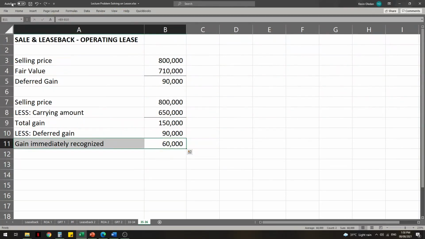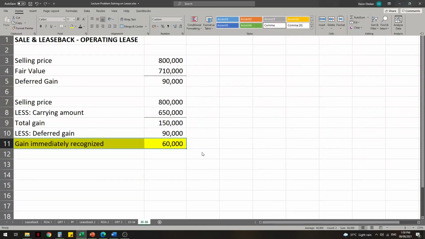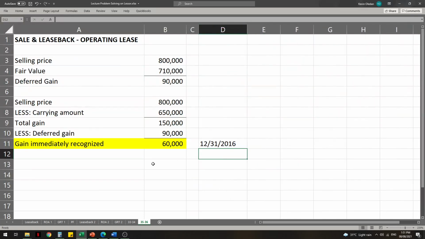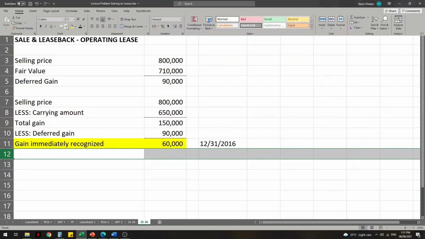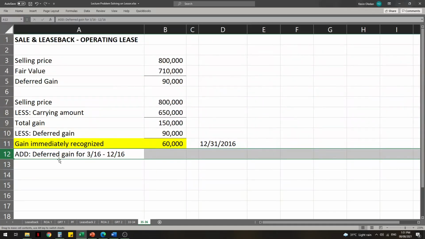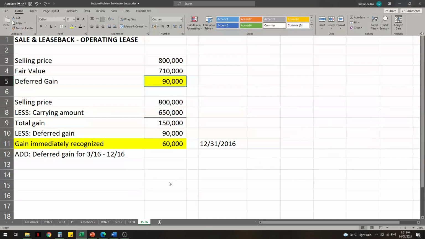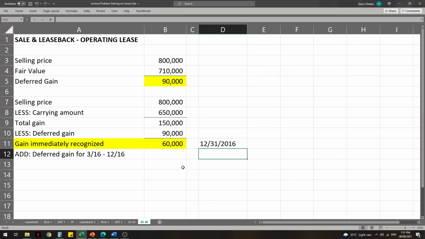So this one, what you have here is a gain that will be included in our computation for December 31, 2016. Gain recognized on December 31, 2016. Okay? We will also have to consider what portion of the 90,000 or the deferred gain will be included in December 31, 2016. For that, we will have to do some math. 12 years, diba?